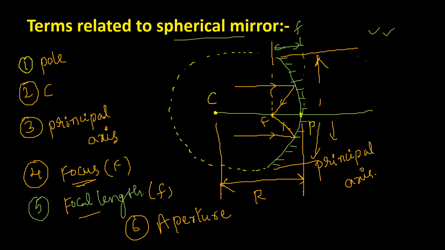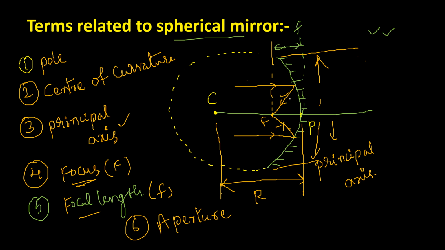Once again, the middle point of the reflecting surface is called pole. The center of the imaginary sphere of which the mirror is a part is called center of curvature. The line joining center of curvature and pole is called principal axis. After reflection, these are the reflected light rays.